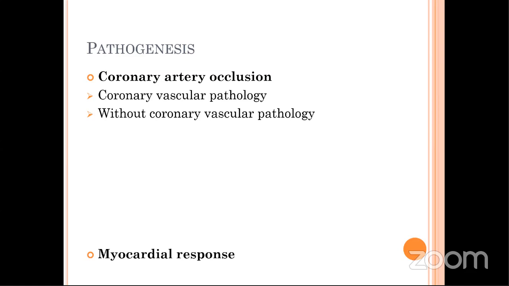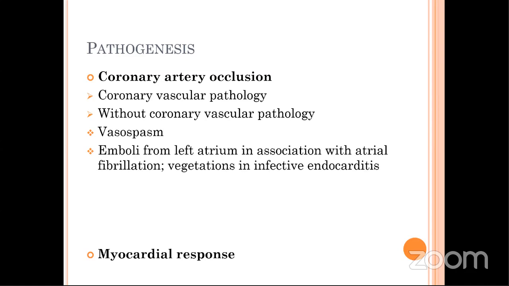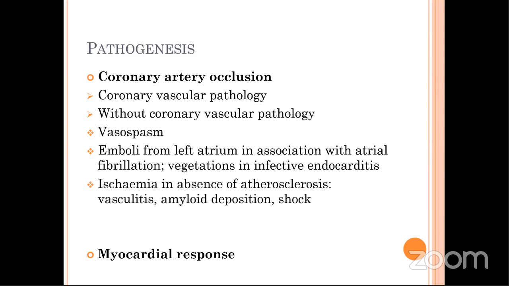What are the conditions where there is no coronary vascular pathology? They are vasospasm, or an embolus from the left atrium in association with atrial fibrillation, or vegetations in conditions like infective endocarditis that may lodge there, causing impairment in vascular supply. Or there may be ischemia in the absence of atherosclerosis, and the causes of this may be vasculitis, deposits of amyloid, or sometimes shock.